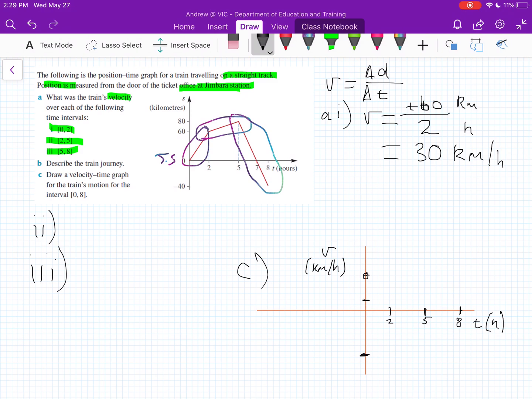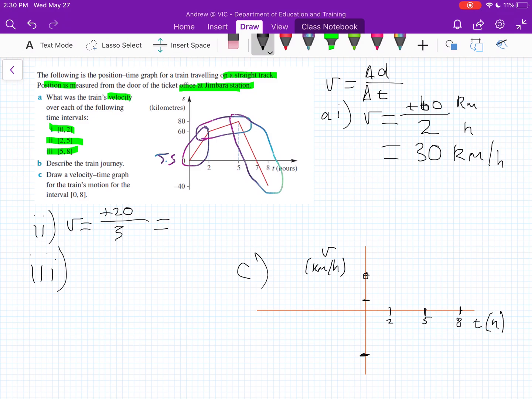Okay? So we'll go on to the second one, from 2 to 5. They've gone up 20 from 60 to 80, so our velocity is going to equal positive 20, and this is going to be over 3 hours. With this, it's always good to leave it as an improper fraction.